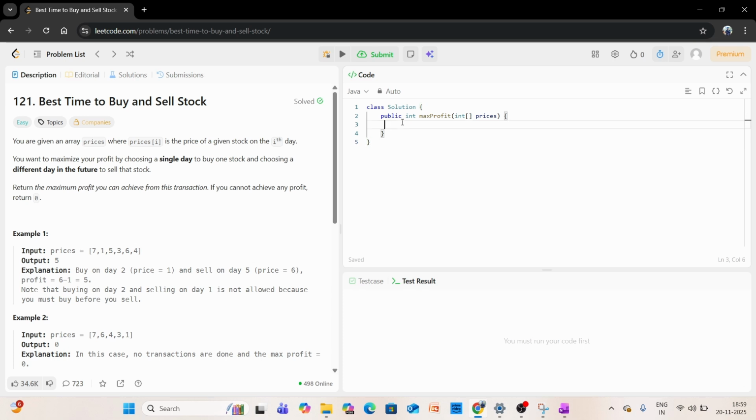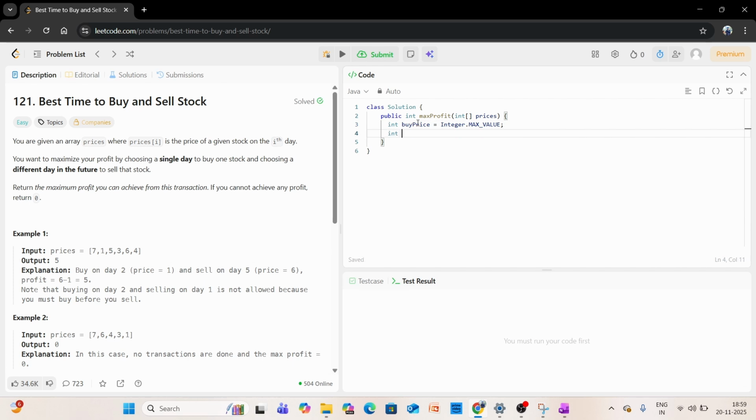Now, since we have discussed the approach, it's time to code. We will solve it in LeetCode itself. As I said, first we need to initialize our buy price, and we will give it the maximum possible value, which will be Integer.MAX_VALUE.